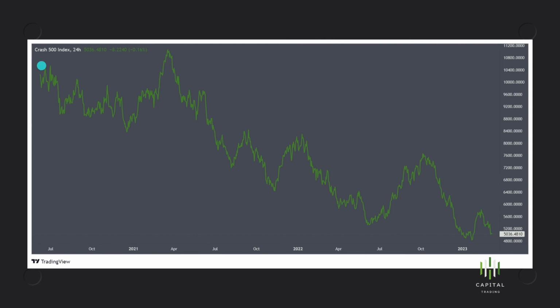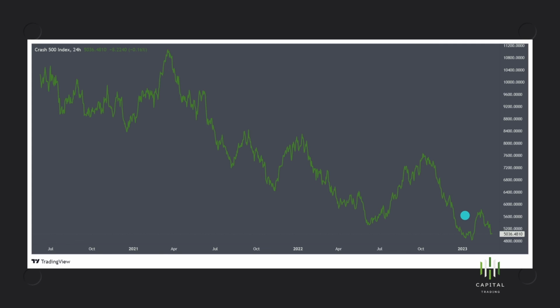Crash 500 would take out old lows and go to the upside, take out the old highs from July 2020 and drop to the downside. So they've been doing that. After taking out old highs, they would go to the downside and then take out an old low and retest, then go to the downside.